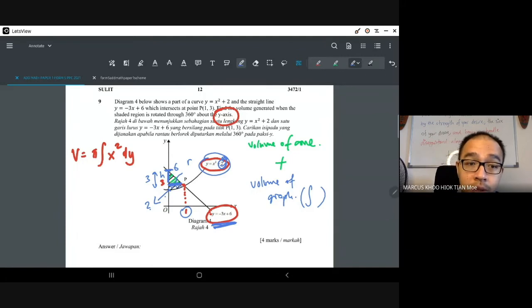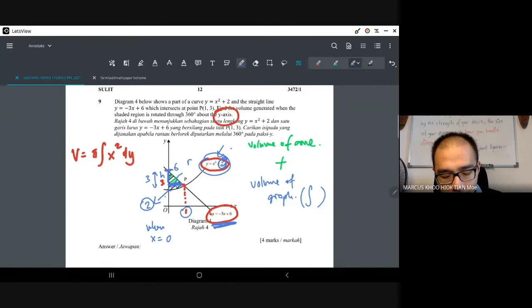When x equals 0, y equals 2. So all these small things you need to figure out by using the equations given. All the y-intercepts are when x equals 0. You substitute x equals 0 into here, you get y equals 2, which is this. You substitute x equals 0 in here, you get y equals 6, which is this.